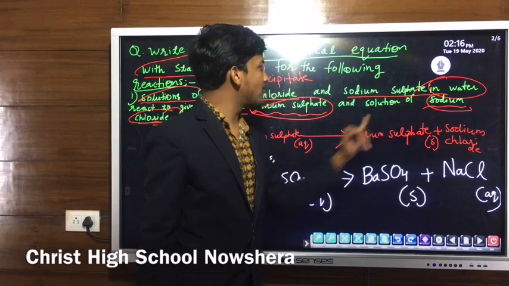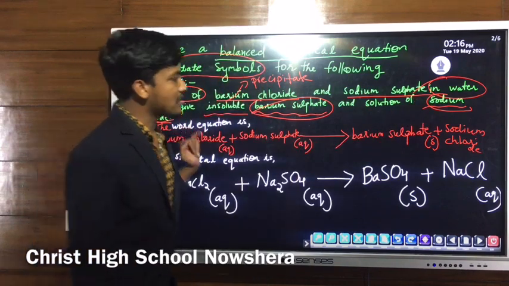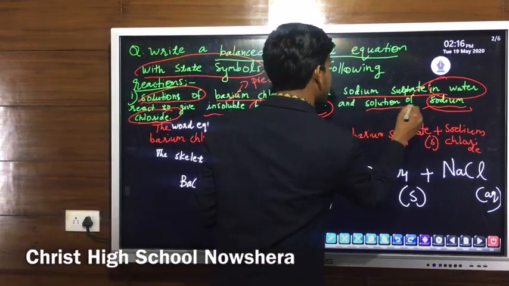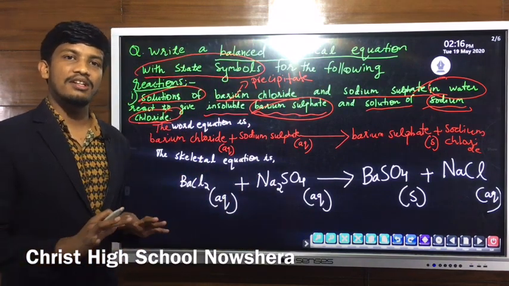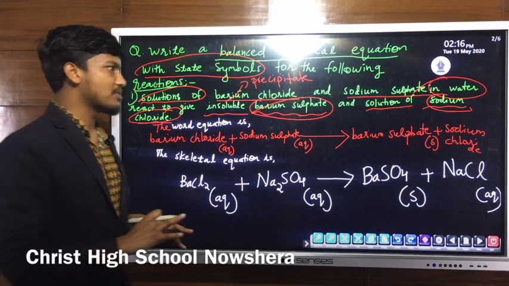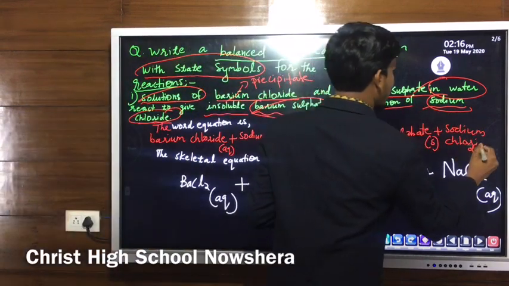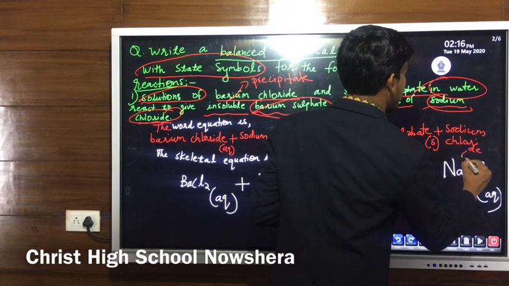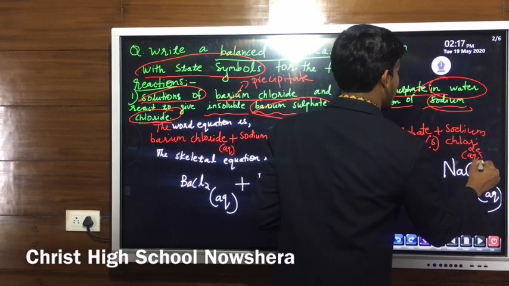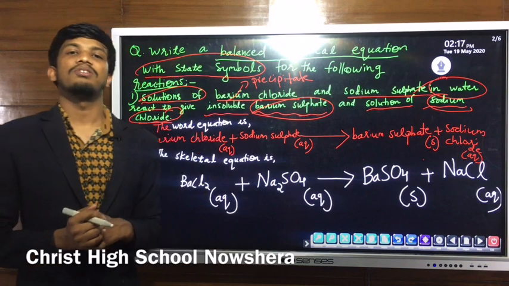And solution of sodium chloride. So the second product, sodium chloride, is in the form of solution. Solution means it will always be in aqueous solution, so for that we write the abbreviation aq.